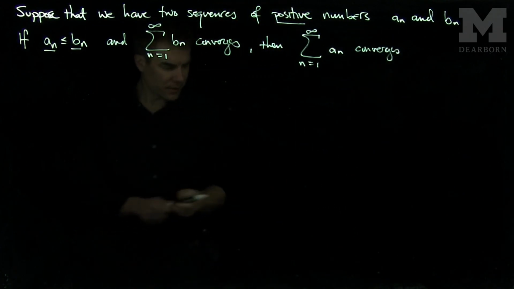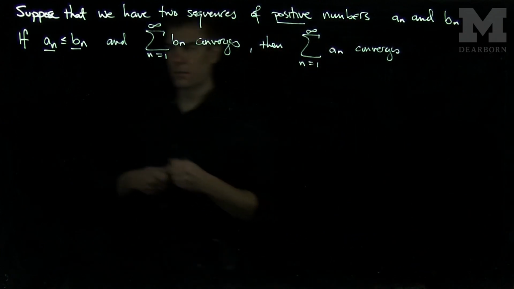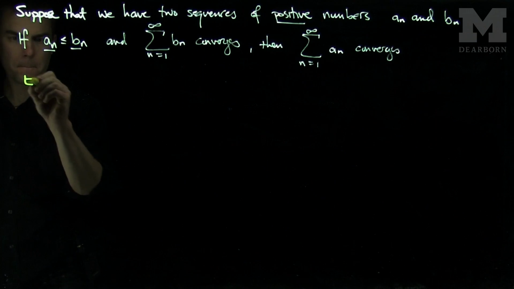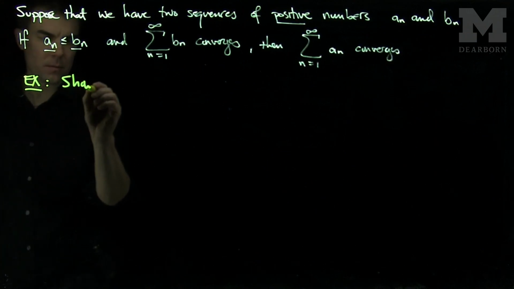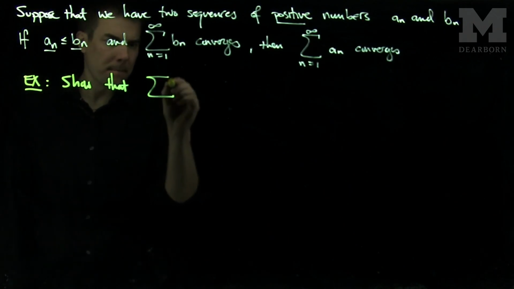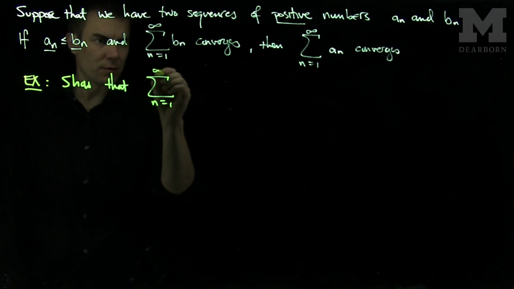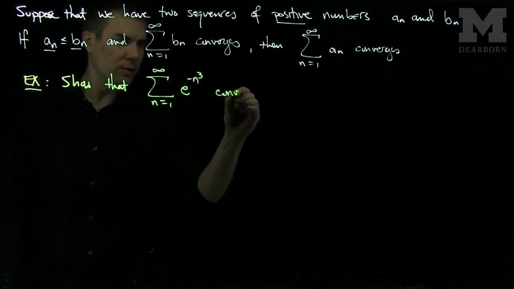So let's see an example of this. Let's show that the sum, n goes from 1 to infinity, of e to the negative n cubed converges.